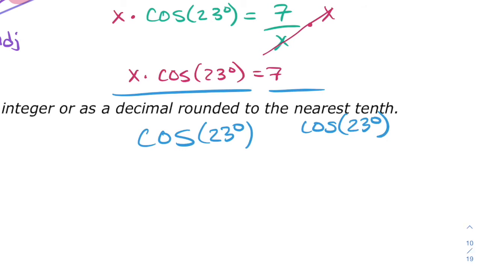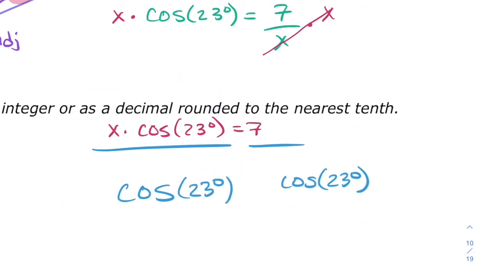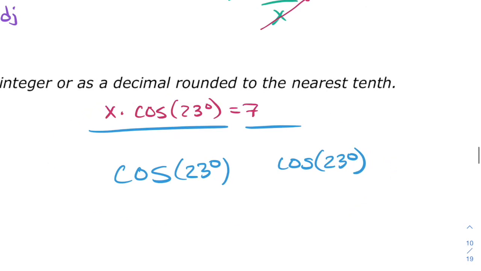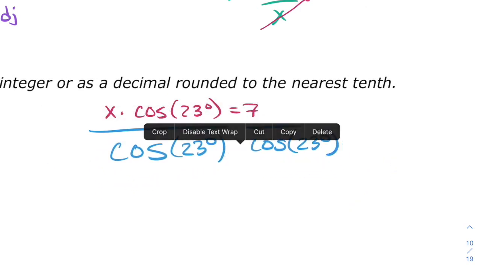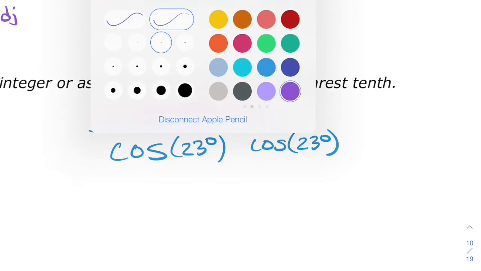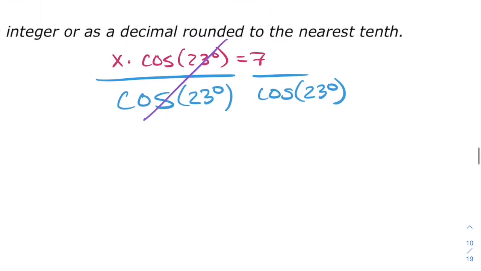Let me move this so it makes more sense. And then we have this that's happening. So x equals 7 divided by cosine of 23 degrees.